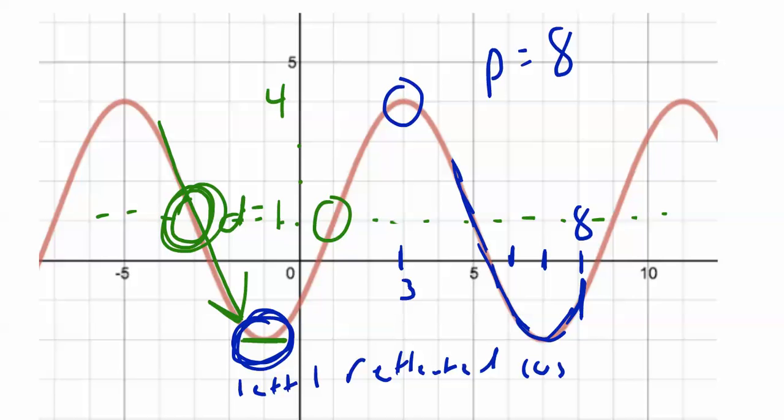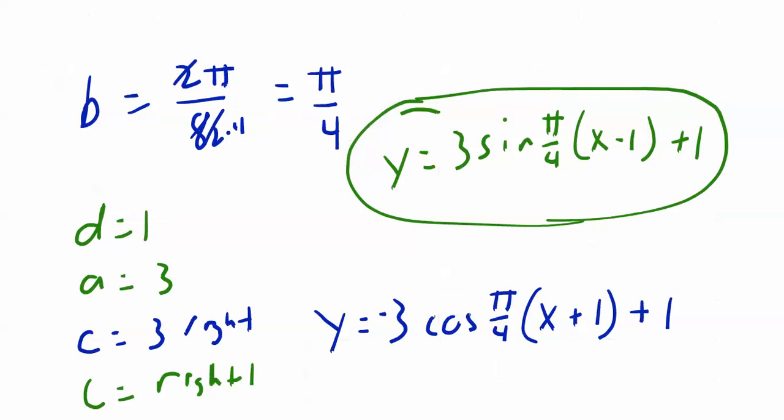So we're looking at left 3 and reflected sine. So let's put a negative out here to reflect it, and then left 3 would turn this into plus 3.